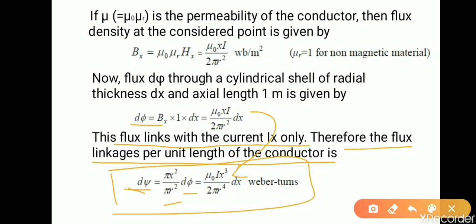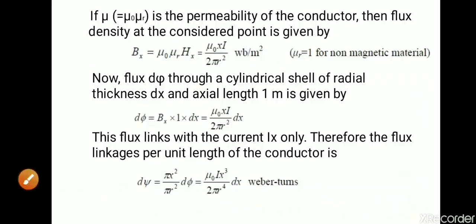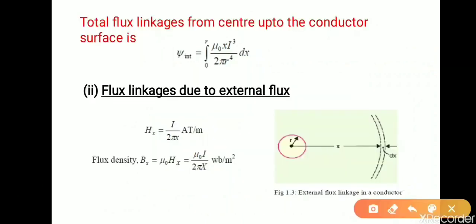Hope you have understood till now. So now the total internal flux linkage from the center of the conductor to the surface will be given by the integral from 0 to r of μ0 I x³ by 2πr⁴ dx. Very important, please keep in mind.